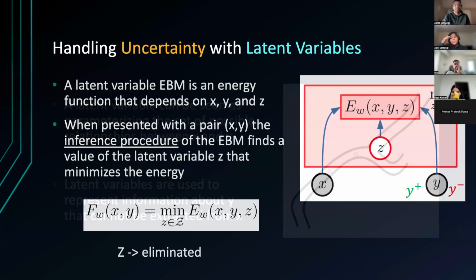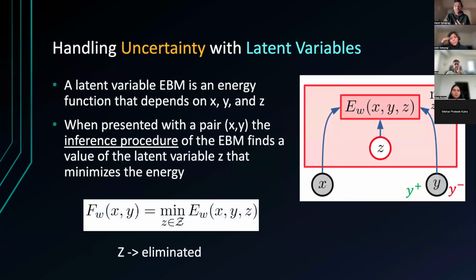A latent variable energy-based model is an energy function that depends on x, y, and z, where z is the latent variable. When presented with a pair x and y, the inference procedure of the EBM finds a value of the latent variable z that minimizes the energy.